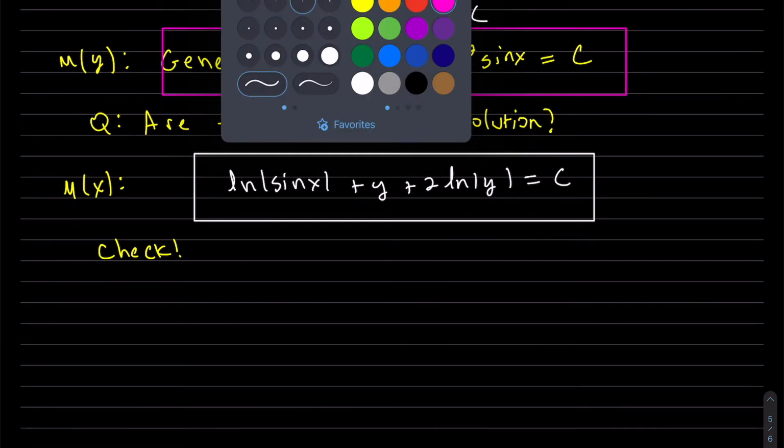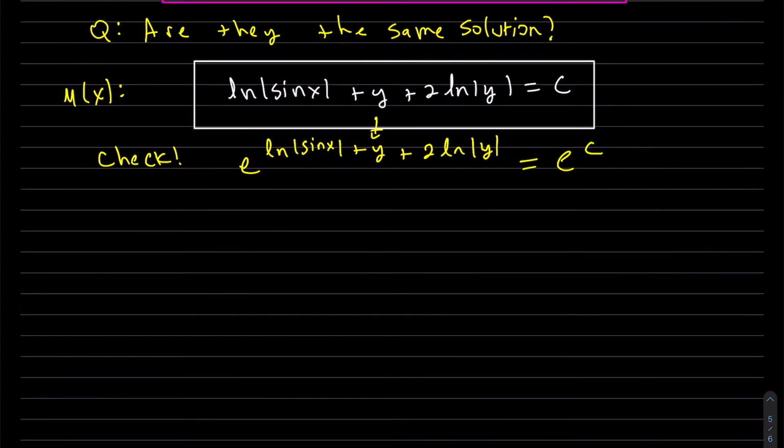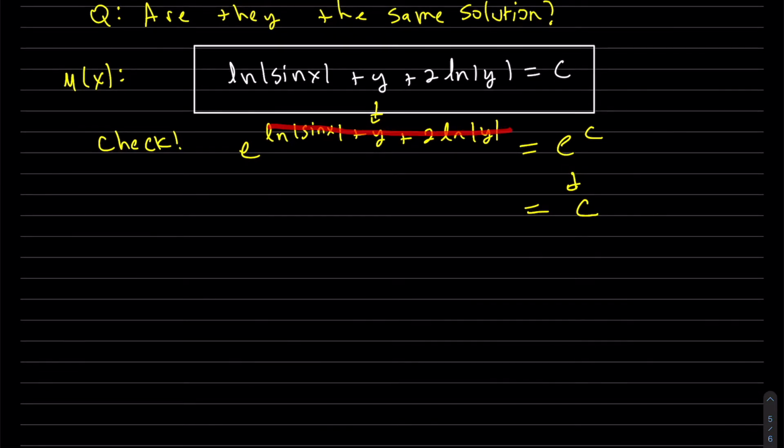So what I am going to do is take this one and raise it to e of both sides. So we do know e to the c is just another constant. So we can say those are equal. Over here, this is e to the power of a bunch of things with a plus.